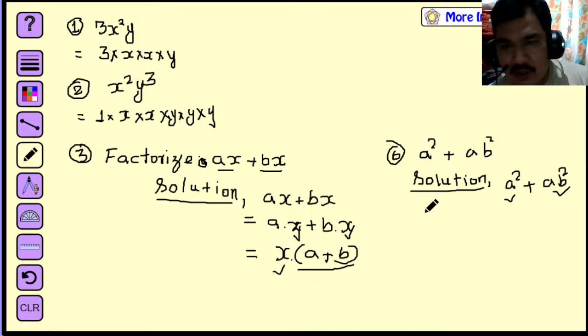Then in these two terms, a square means what? A into a. We know, it means a into a.